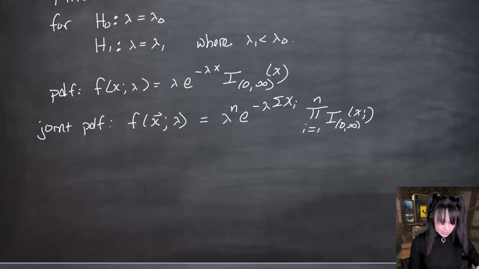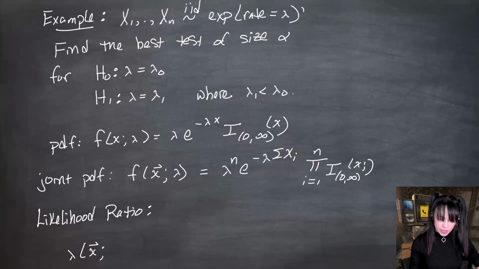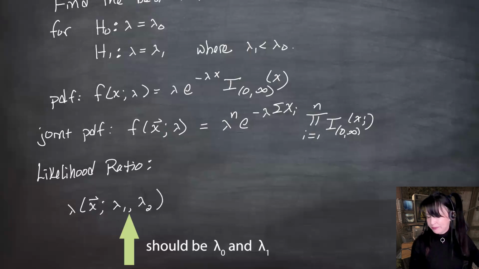So let's look at the likelihood ratio lambda of x. This is confusing. I don't know why I didn't see that one coming. One thing I can do is just make the whole problem exponential with rate theta, but I'm sort of here already, so hopefully this is not too bad for you. It's a function lambda of the vector x and the constants lambda naught and lambda 1. It's a little bit weird.